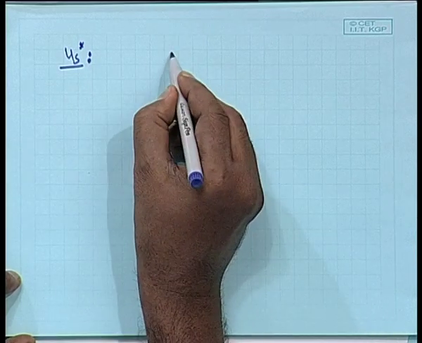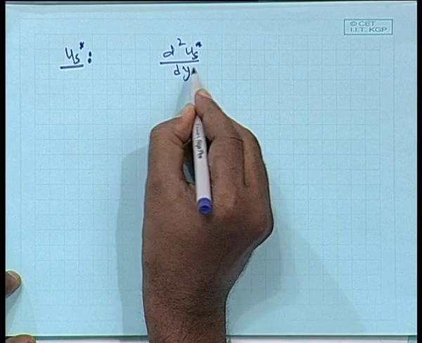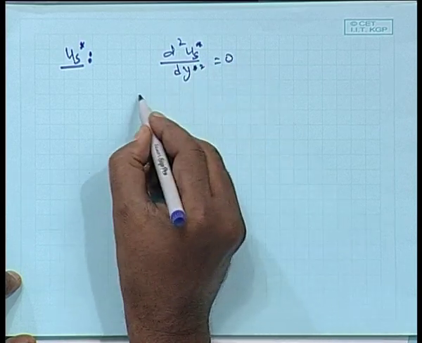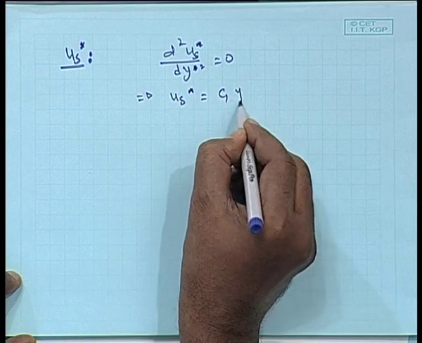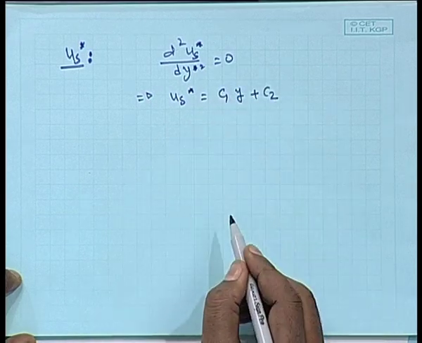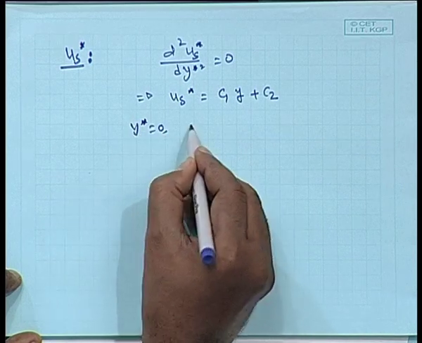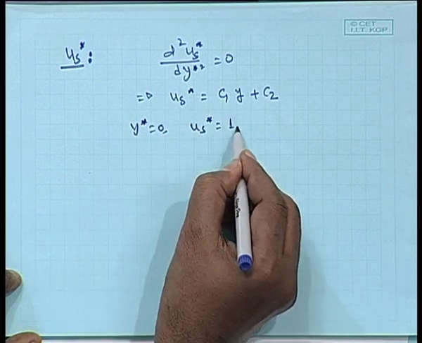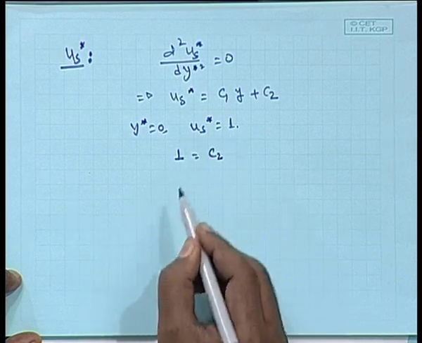u_s star, the governing equation is d square u_s star by dy star square equal to 0. The solution is u_s star is c1 y plus c2. Now, at y star equal to 0, you had u_s star equal to 1, use that. So, 1 is c2.